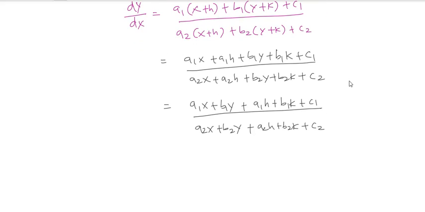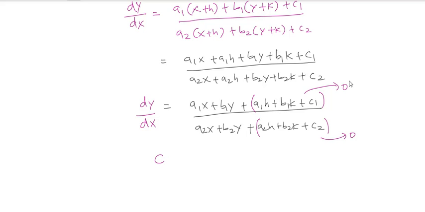Okay, now if you observe properly, a1h plus b1k plus c1 and a2h plus b2k plus c2, these two things I will make 0. If I make those two things 0, what will I get here? You can ask a doubt: sir, how are you making these terms 0?